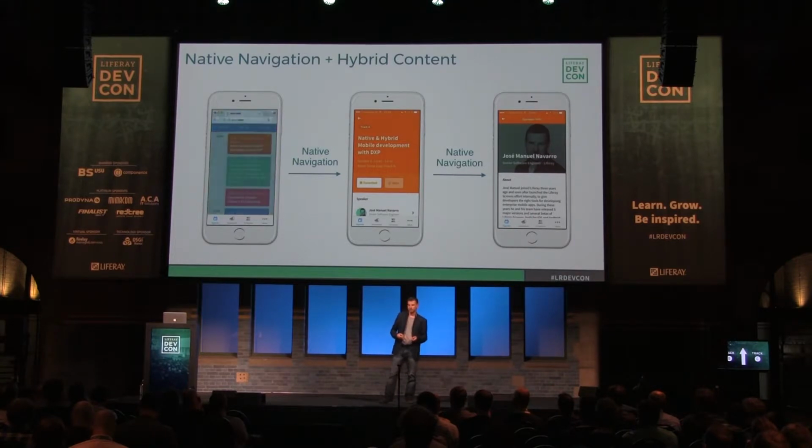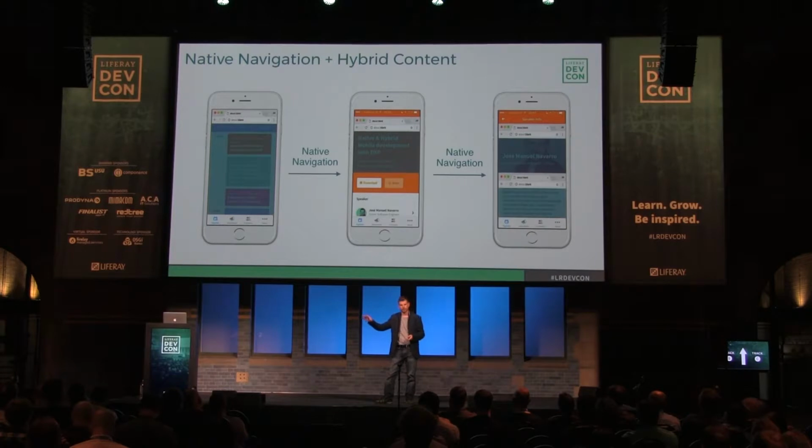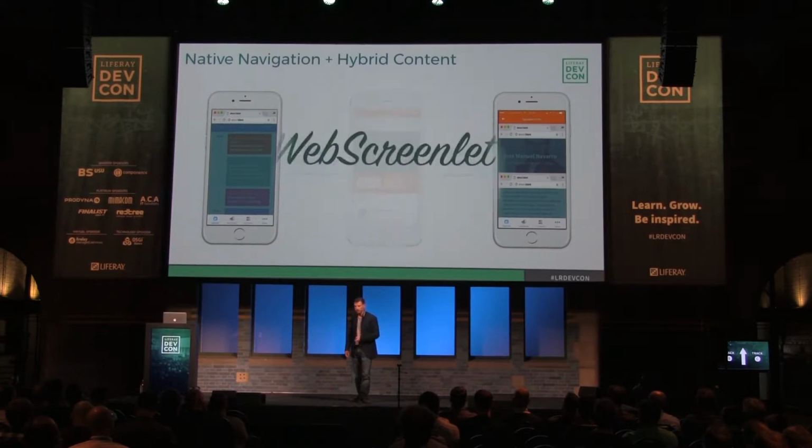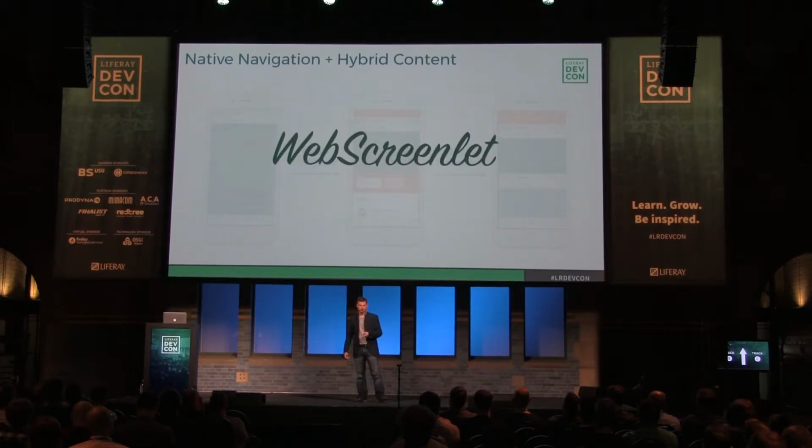But also, when you need to present content to the user, you use the hybrid approach. You use that web view, and you get the flexibility of having HTML rendered inside your app. And this is the web screenlet. This is the single screenlet we added.